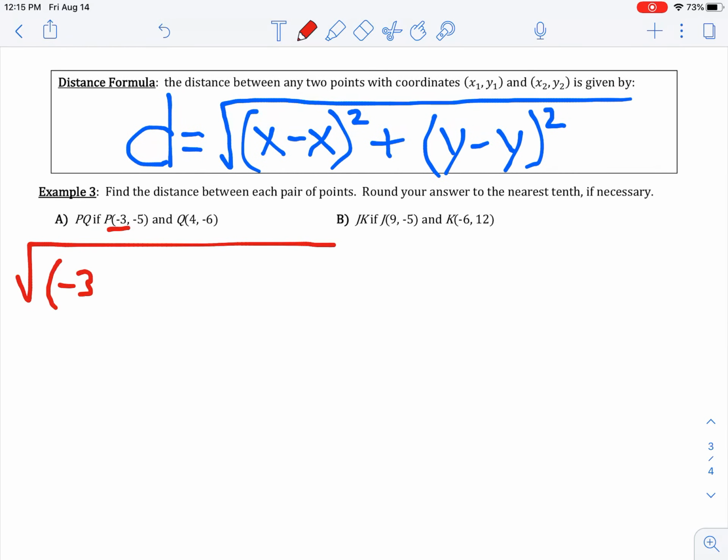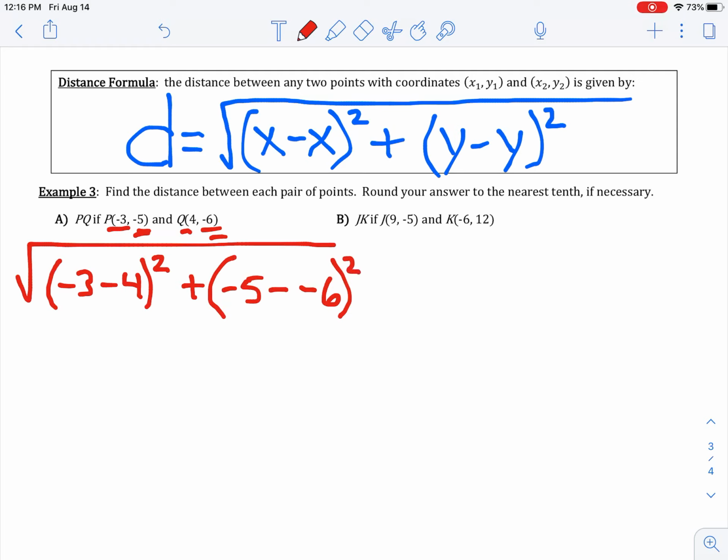Negative 3 minus, my second x is a 4, and I'm going to square that. Plus, now here's where you've got to make sure, because I started with the negative 3 first, I must start with the negative 5 in the second one first. I'm going to copy the sign from the formula. It's a minus, and now we have a negative 6, so I'm going to put negative 6.